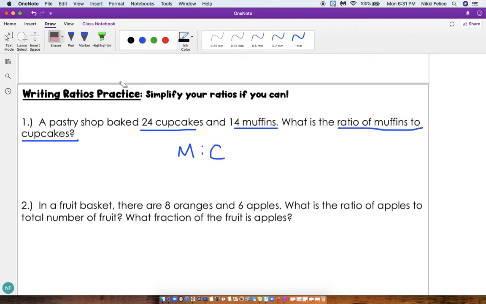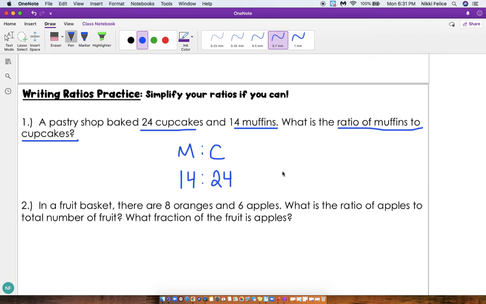So first we write the number that represents muffins. In this case, it is 14. And then we write the number that represents cupcakes, which is 24. So our ratio is 14 to 24. However, we can simplify that.